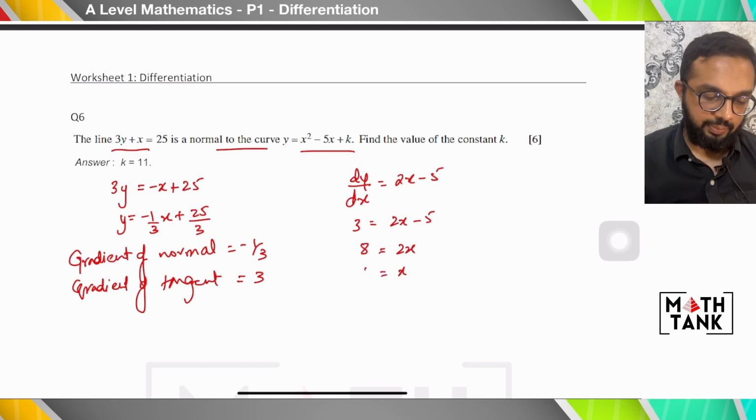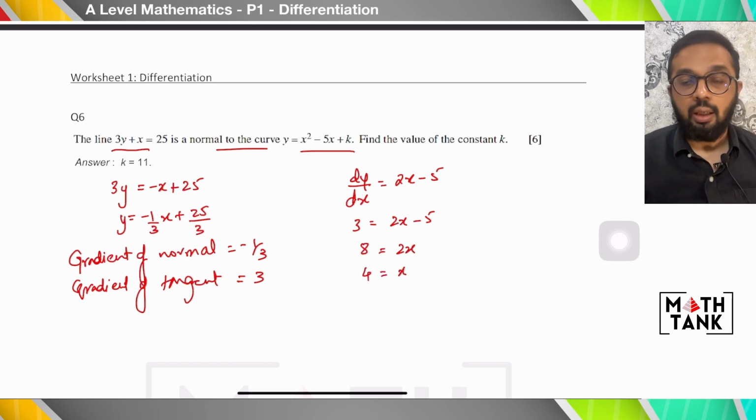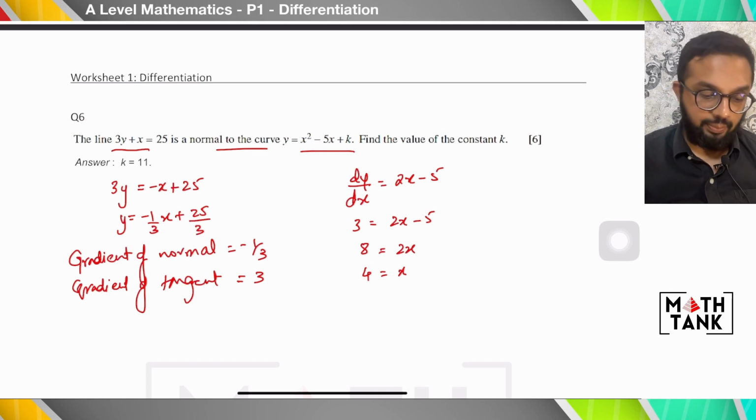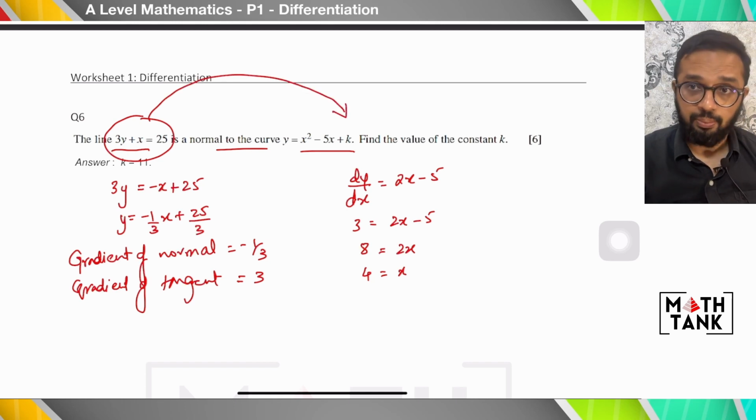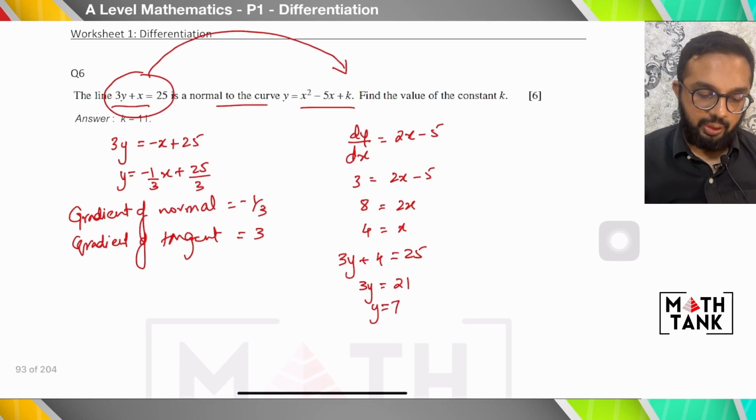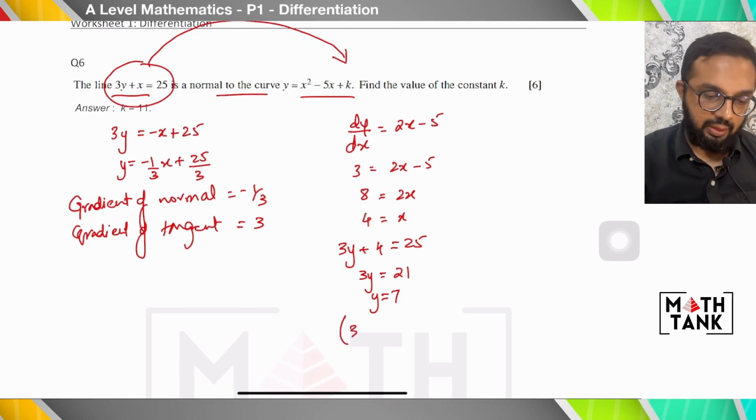That gives me the value for x. Now, I also need the value of y so that I can find k. I know that this normal was on a certain point. That point can be found out. I can say that 3y plus 4 equals 25, 3y equals 21 and y equals 7. So the point at which we were doing all of this differentiation was (4, 7).